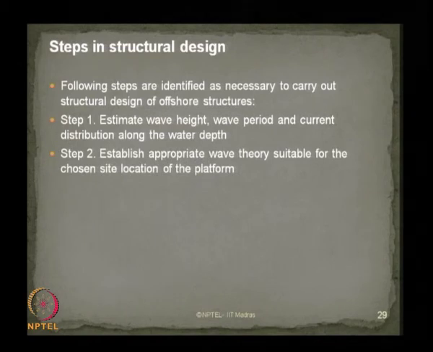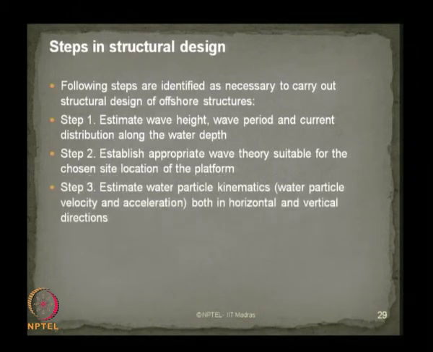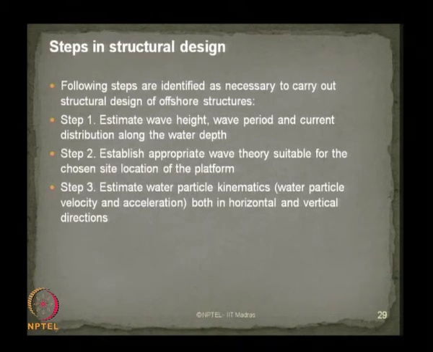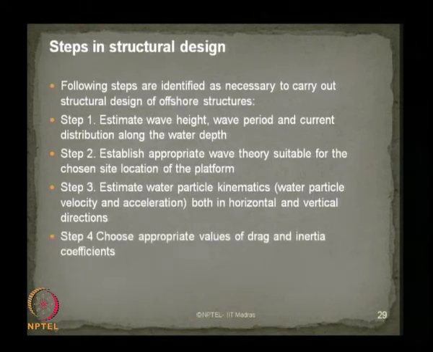In step number 2, you establish the appropriate wave theory suitable for the chosen site location of the platform. In step number 3, you estimate the water particle kinematics, that is, water particle velocity and acceleration, both in horizontal and vertical directions. In step number 4, choose appropriate values of the drag and inertia coefficients.